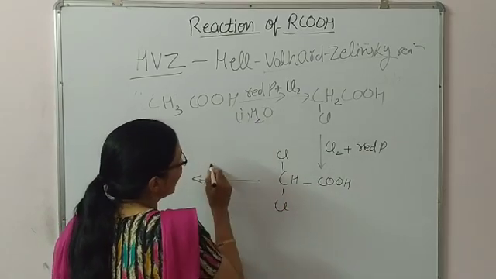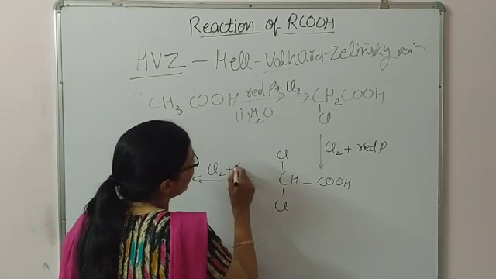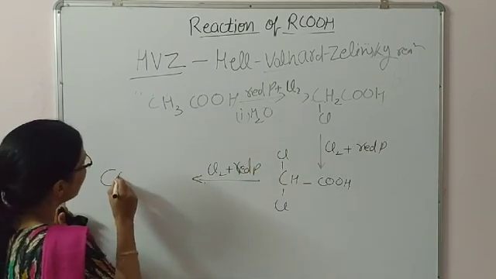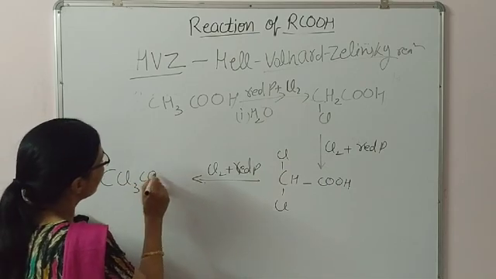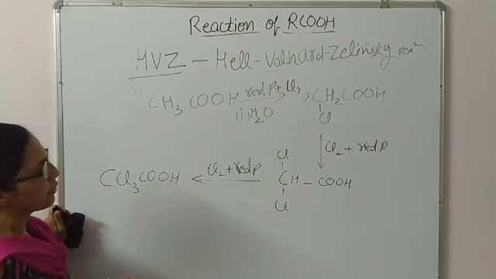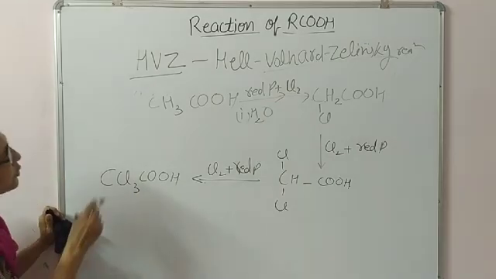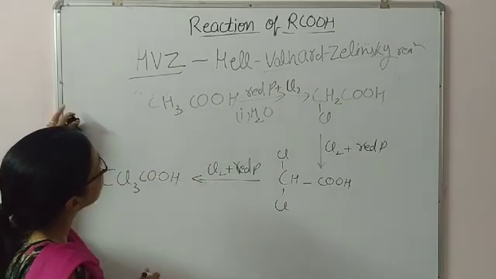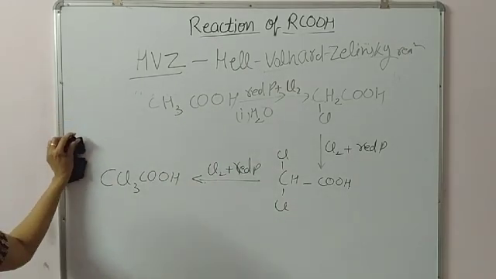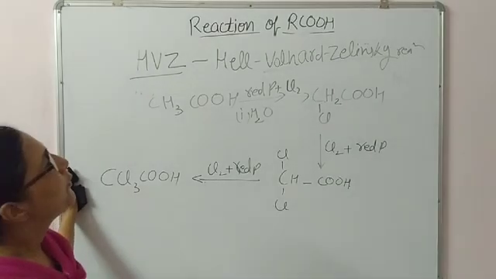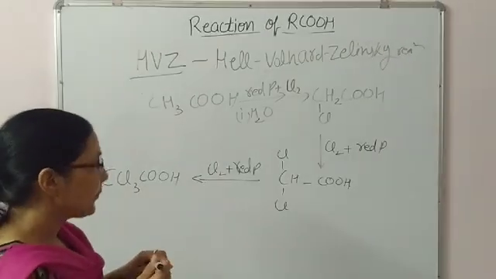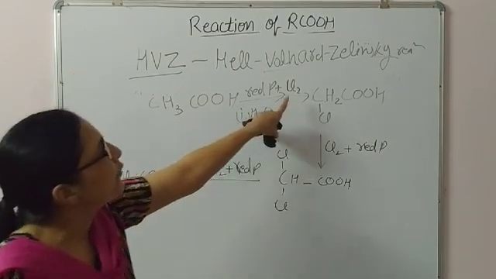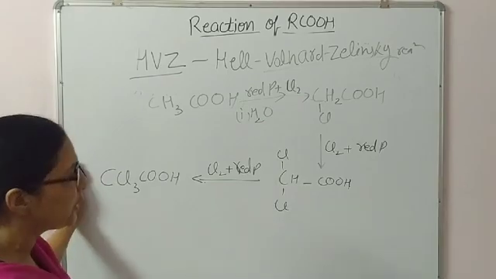Again chlorine and red phosphorus is taken, there will be formation of CCl3COOH, trichloroethanoic acid. So whatever number of alpha hydrogens are near the carboxylic acid, they will be displaced by halogen in the presence of red phosphorus; this is known as the HVZ reaction, Hell-Volhard-Zelinsky reaction. Instead of chlorine, it may be bromine or iodine also.